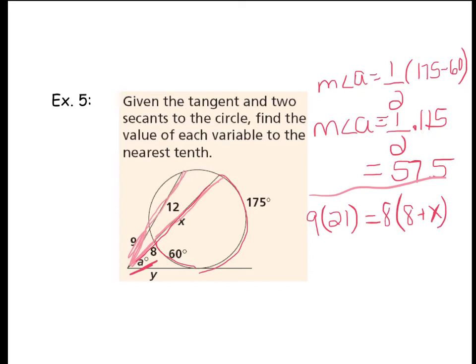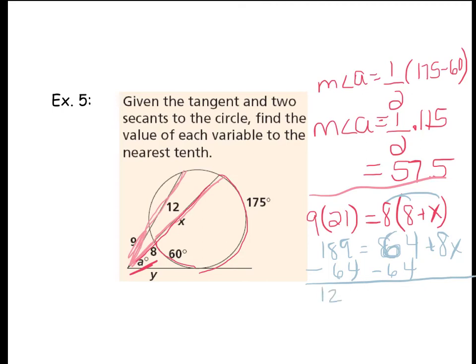So 9 times 21 is 189. Distribute the 8, so you get 64 plus 8x. Subtract the 64 from both sides, and then we would divide by the 8.